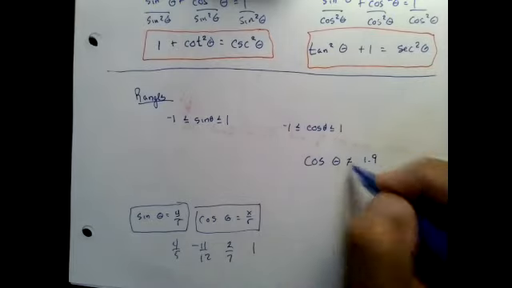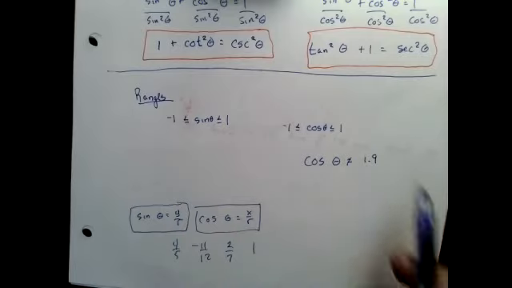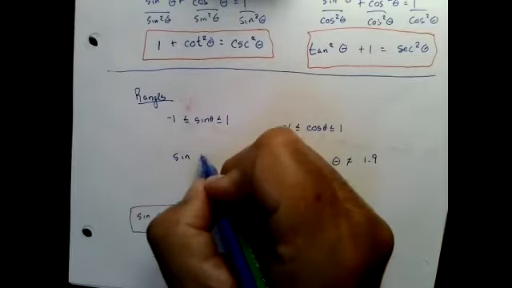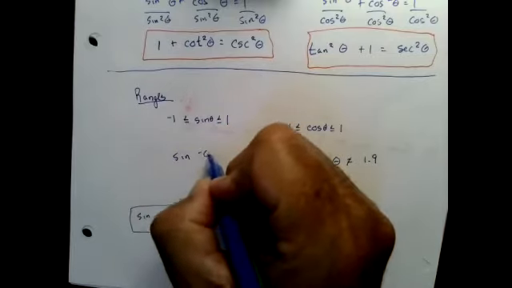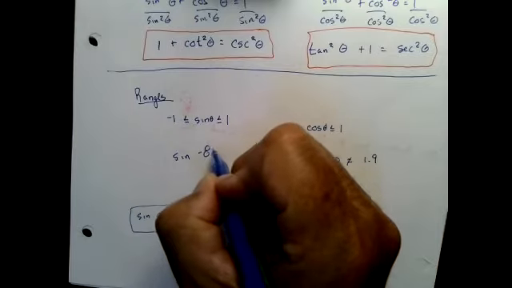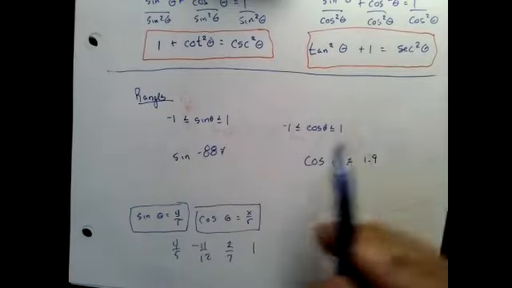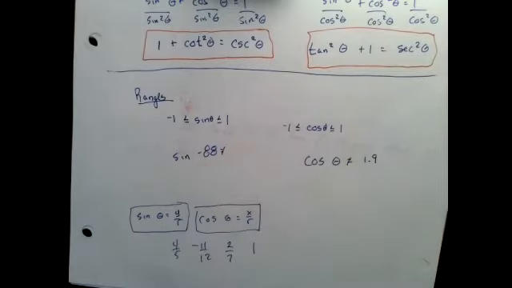That's just never going to happen. This side will always be between -1 and 1. The sine of negative 88 degrees is definitely not going to be a number bigger than 1 or less than -1. Okay, so keep ranges in mind for sine and cosine. I'm going to see a little bit of that later in the class today.